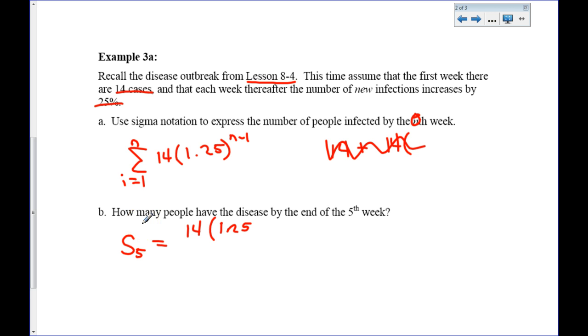If I did this in sigma, it would be 14 plus whatever 14 times 1.25 is, plus that number times 1.25, plus that, it's a lot of calculating. Oh, because it's 1.25 of the new. Yeah. So we're going to use the formula because it saves a lot of time. So 1.25 to the nth power, which is 5, minus 1. That's 1.25, sorry.